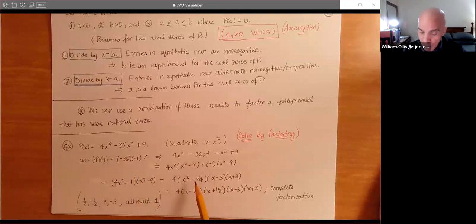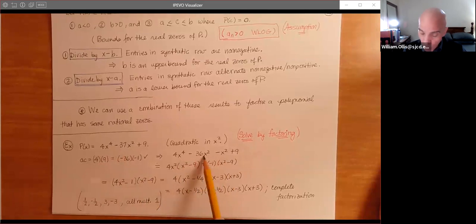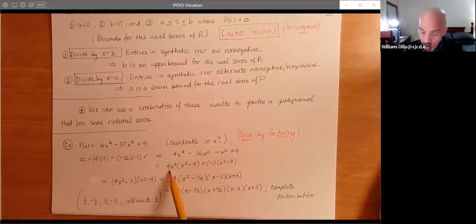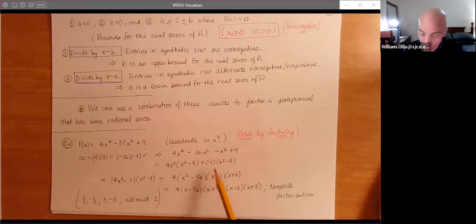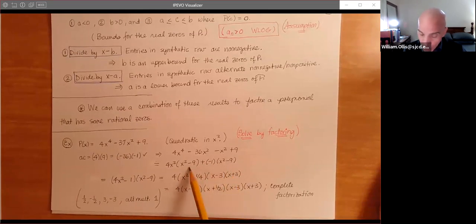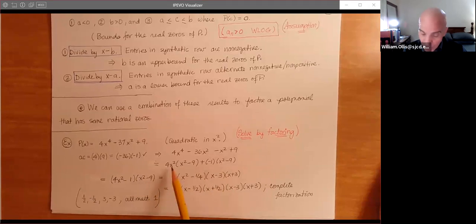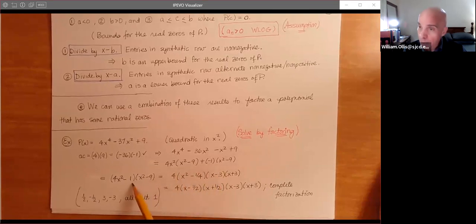For -37x squared, we have -36x squared minus x squared. And then of course here we factor the 4x squared, and here we just factor the -1. And now we have a common factor of x squared minus 9 times a 4x squared minus a 1.